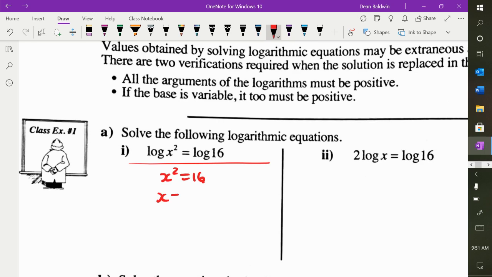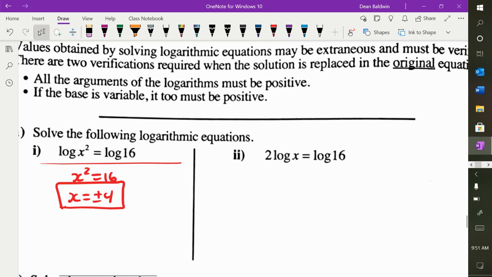So if you square root it, x is equal to? Who said plus minus? Plus minus 4. Okay? Correct? All right. Now this one, 2 log x is equal to log 16.